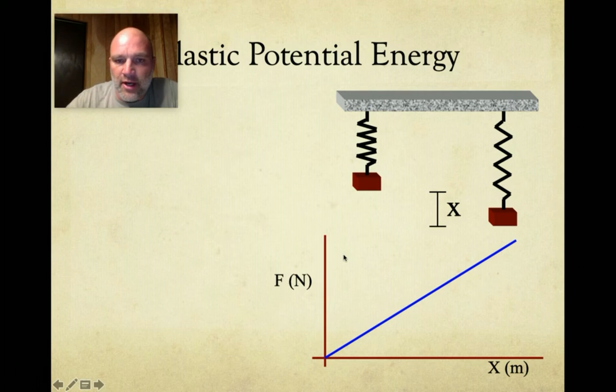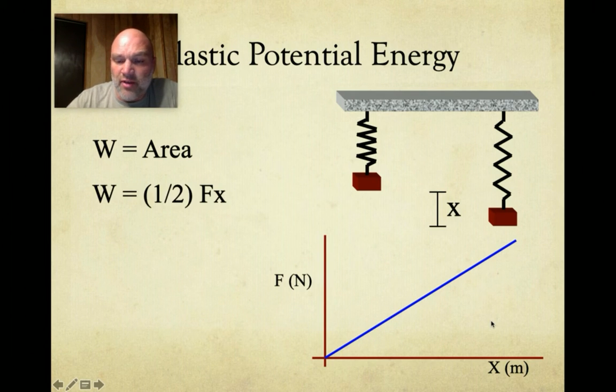So we can find out. This time, instead of looking at work as force times distance, because we have a varying force, the force is getting bigger and bigger, we're going to look at the area under the curve. You recognize, of course, this is a triangle that we have going on here. So the base is going to be x, the height is going to be the force, and so we have 1/2 base times height, 1/2 Fx.